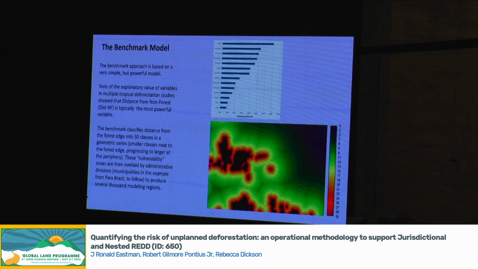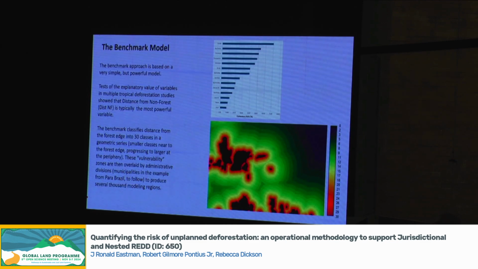So we start in the benchmark model with this one single variable of distance from non-forest and use that as a single explanatory variable. The benchmark then classifies distance from the forest edge into 30 classes in a geometric series where the classes are small near the forest edge and gradually increase.